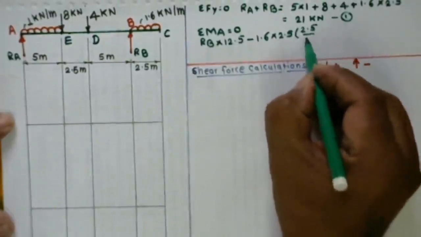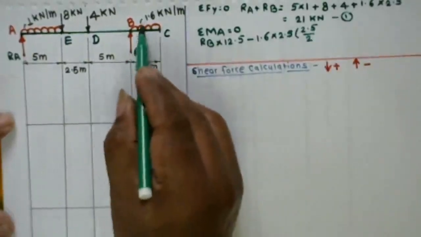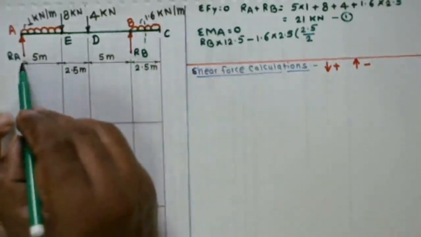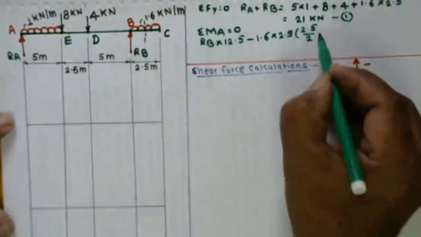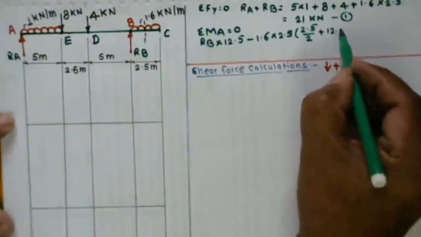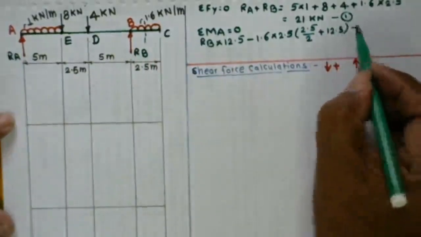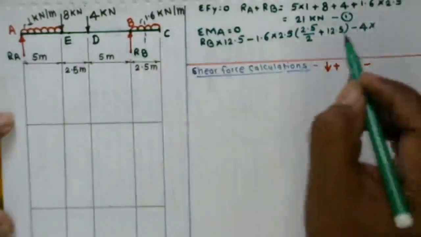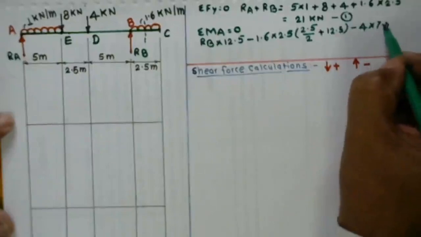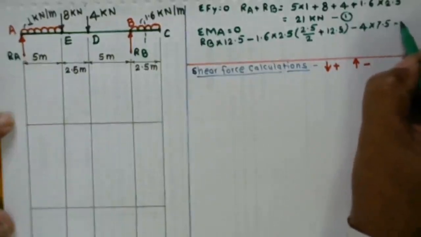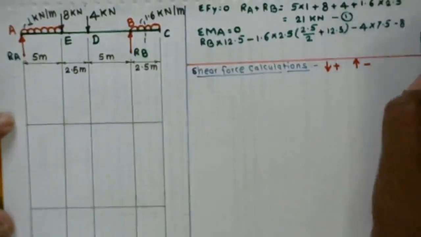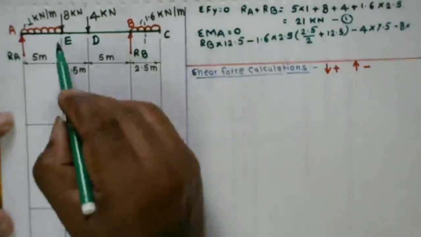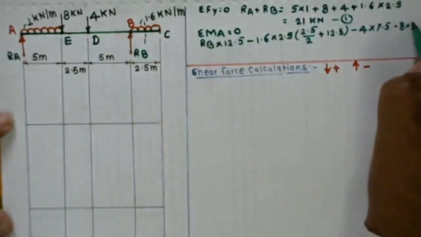So 2.5 by 2 plus 2.5 by 2, it is acting at the center, and its distance up to the point A is plus 12.5, minus the next point load 4 into its distance up to the point A, which is 7.5, minus the next point load 8, and its distance is 5 meter.